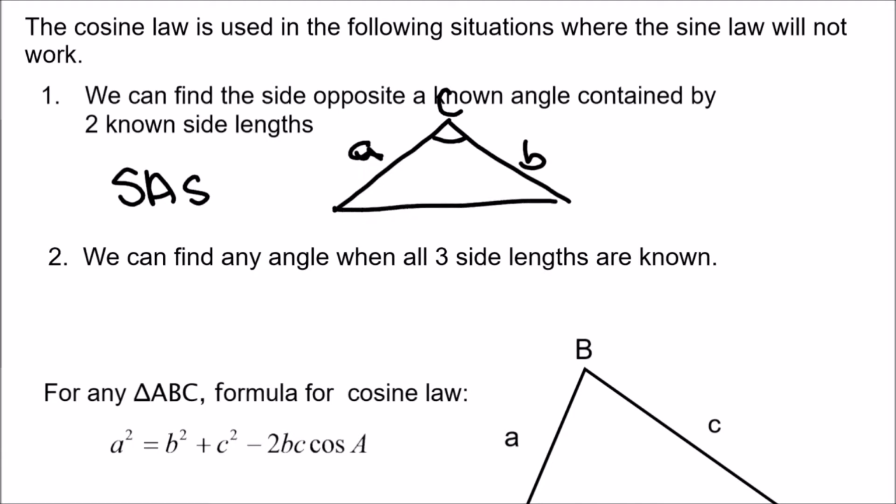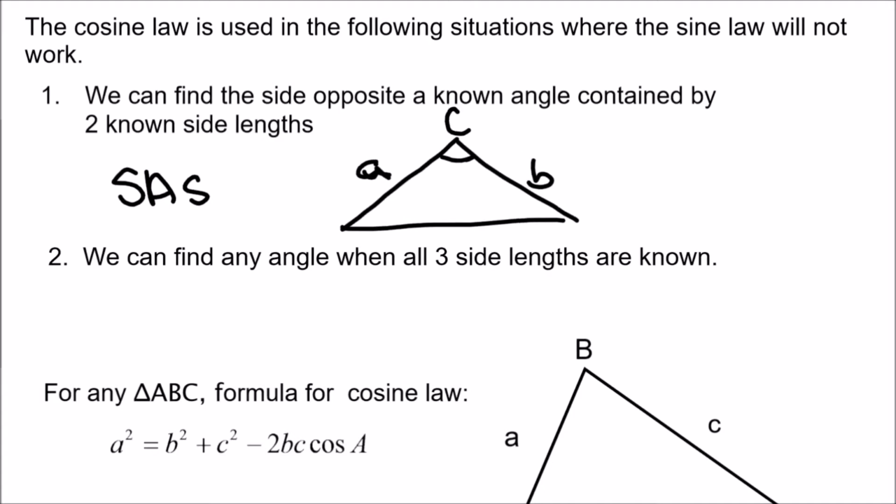Here, I have no pairs. I can't use sine law. I don't know side C, I don't know angle A, I don't know angle B. I have no pairs. So the cosine law is going to come in handy for a side angle side triangle. Right? Different than a side angle triangle. It tells us the order we have the information in.